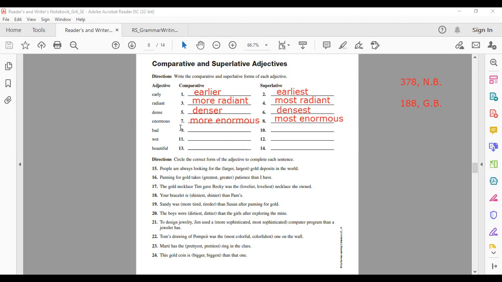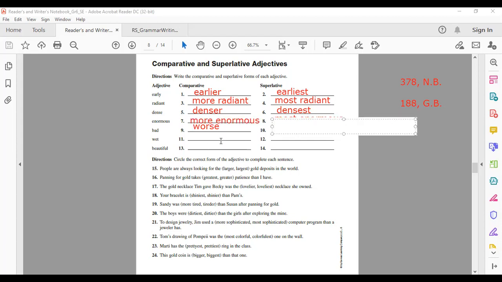And then bad, make it comparative. Badder? No, it can't be. Math is worse than English. Worse. It's irregular.